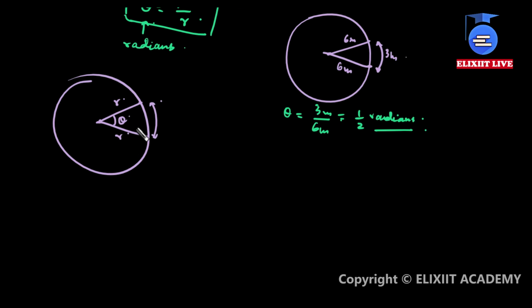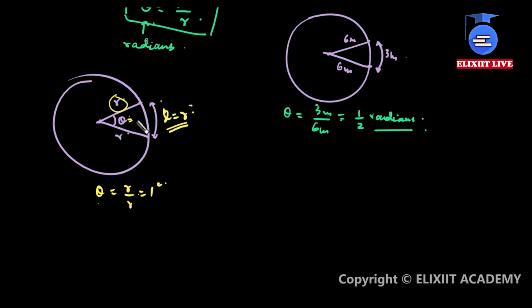Now, I'm telling you this theta is 1 radian. This is 1 radian when? If L is equal to r, if the arc length and the radius are the same, then theta will be r by r, which is 1. This is the representation of 1 radian.